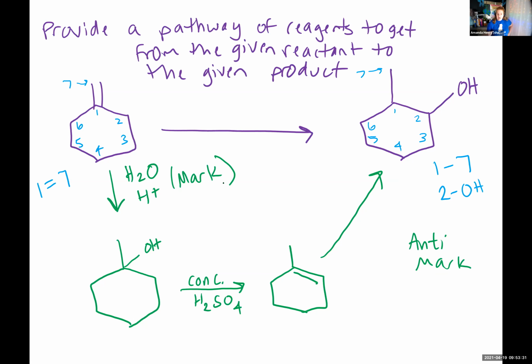So this is our boron set of reagents. So BH3 with THF, and then in step number 2, we have hydroxide and hydrogen peroxide and water.